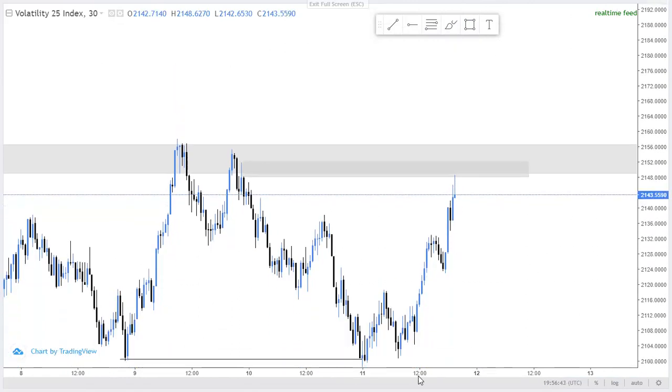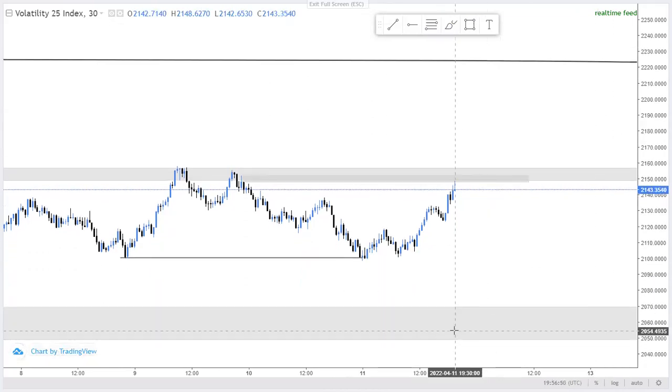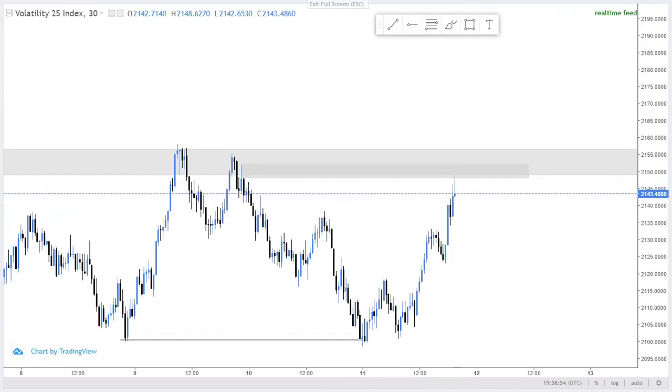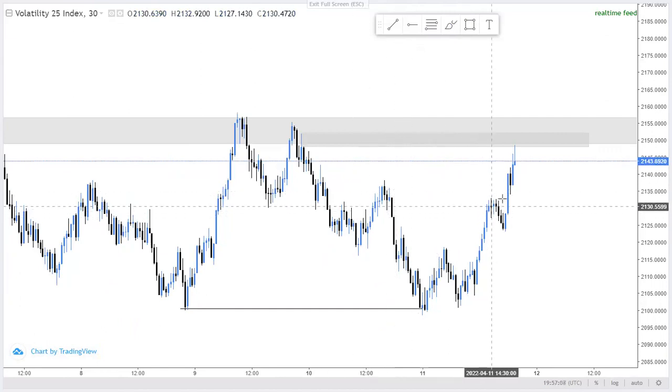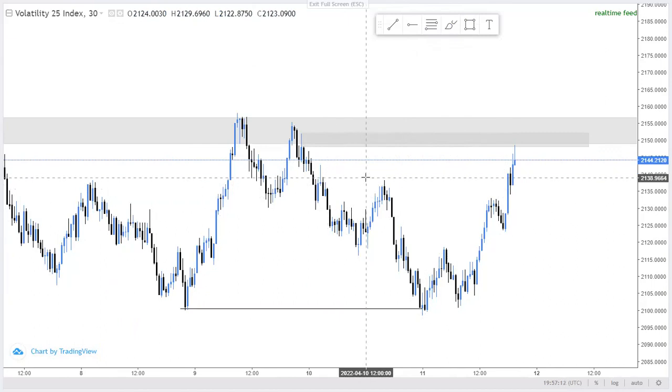This low is the first target, and the main target is down here. So I'll send through the results probably after a few hours. So that's it, guys. That's how we trade volatility 75, all the volatility, the synthetic indices, actually.